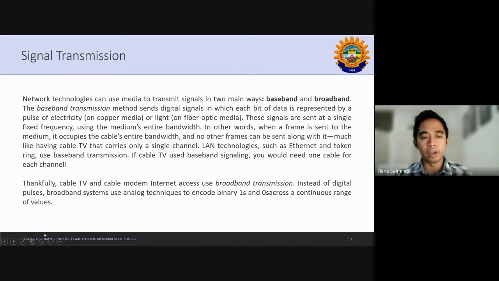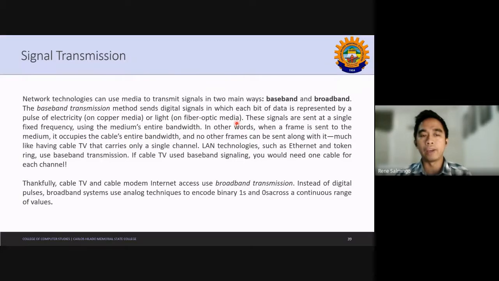When you say pulse of electricity, it's your copper media, and when you say light, it's more on the fiber optic media. These signals are sent in a single fixed frequency using the medium's entire bandwidth. In other words, when a frame is sent to the medium, it occupies the cable's entire bandwidth, and no other frames can be sent along with it.